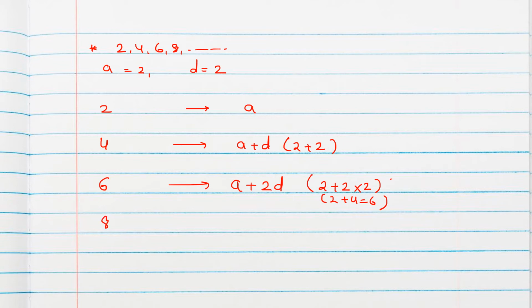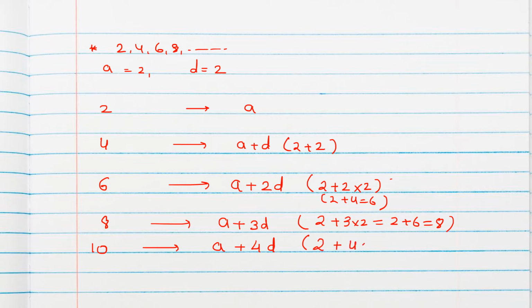Similarly, 8 is what? First term and adding the difference 3 times, isn't it? 2 plus 3 into 2, which will give 2 plus 6, which is 8. Now the next number will be 10. So we can say that A plus 4D, isn't it? We are adding 4 times the difference to the first number, which is 10.